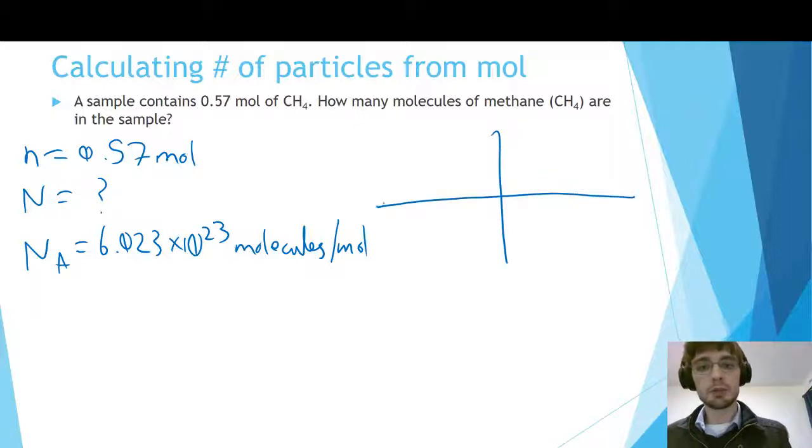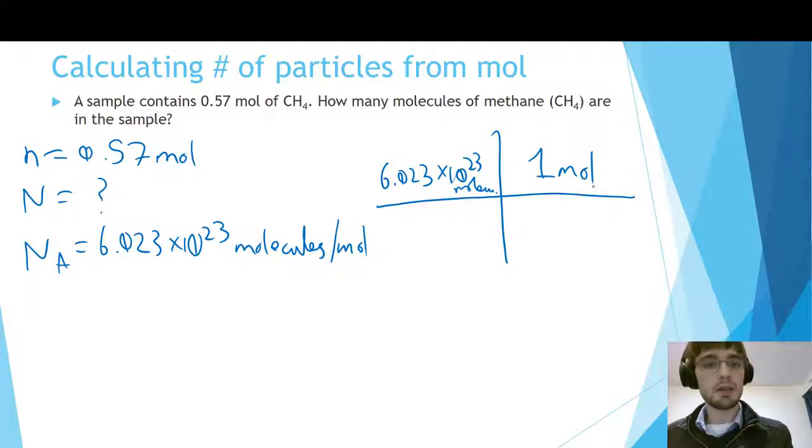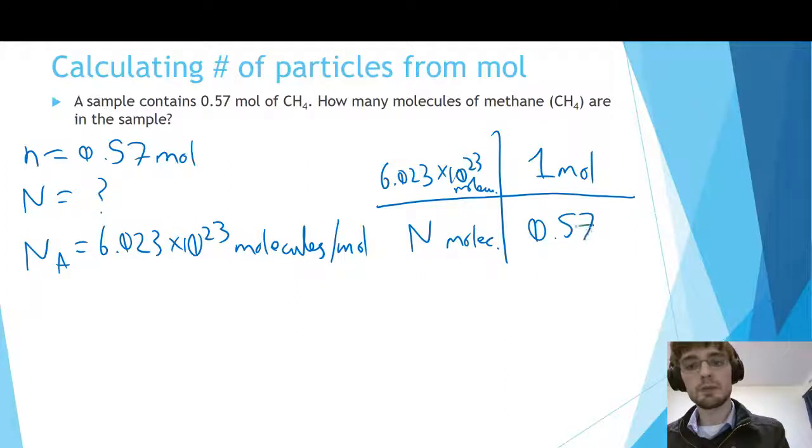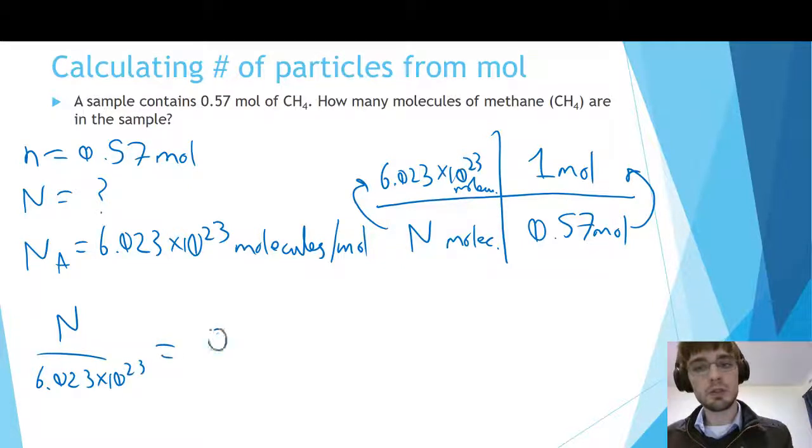If I set up a cross proportion for this, again, I can say that there are 6.023 times 10 to the 23 molecules per 1 mole. And then I can say that there's N molecules in 0.57 mole of methane. So then if I do the ratios here, I get N over 6.023 times 10 to the 23 equals 0.57.